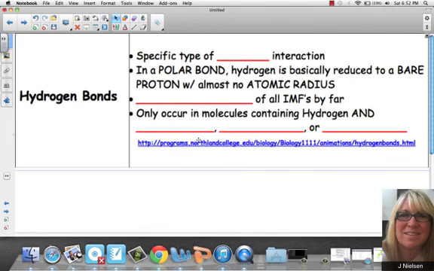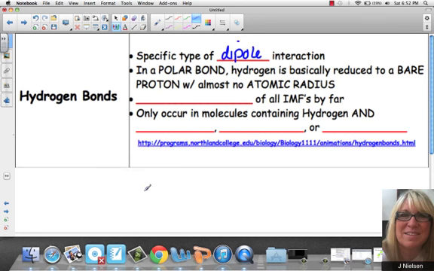Hydrogen bonds are a specific type of dipole interaction. In a polar bond, hydrogen is basically reduced to a bare proton with almost no atomic radius. This is the strongest of all IMFs by far.